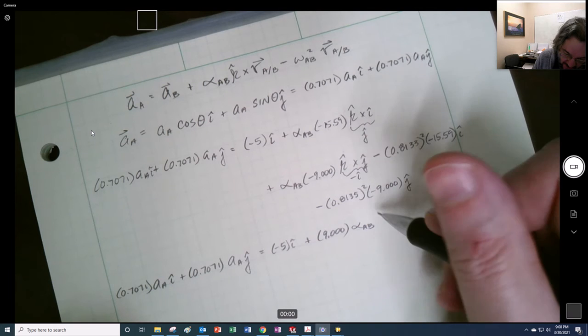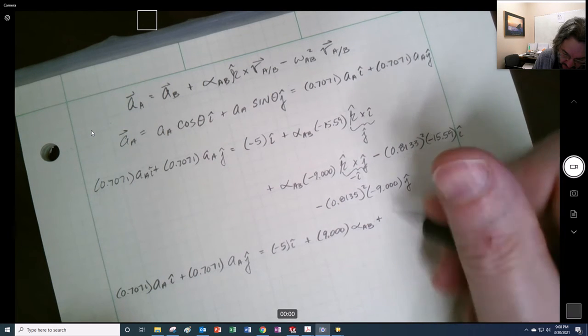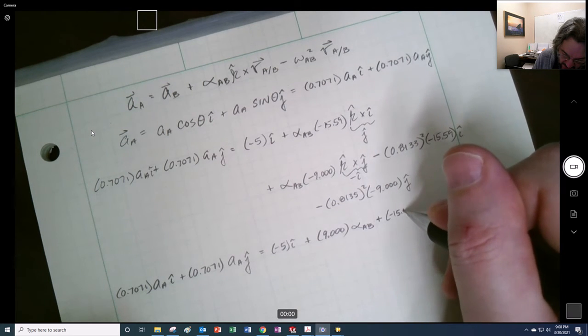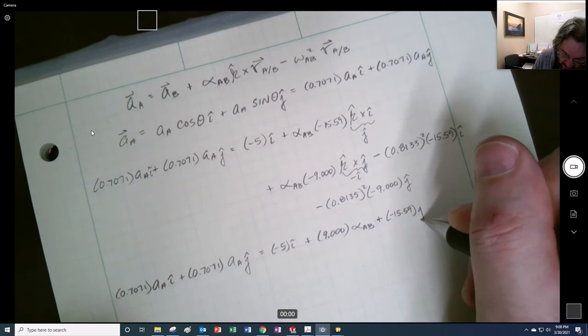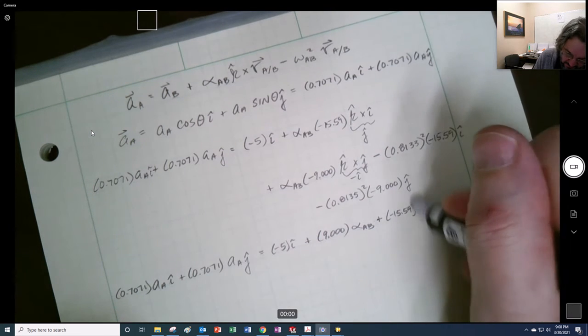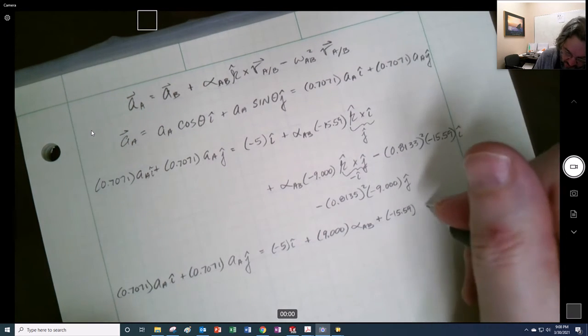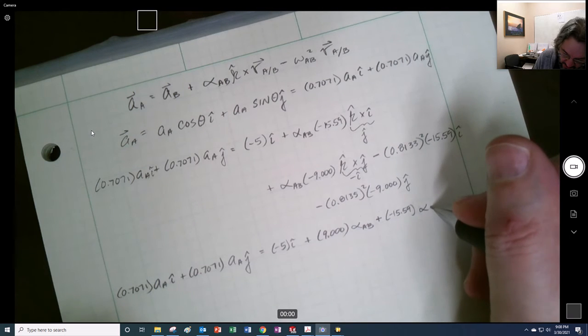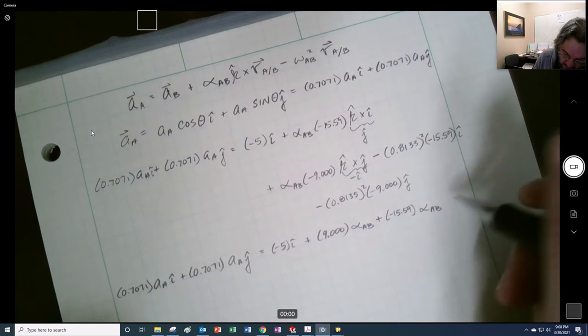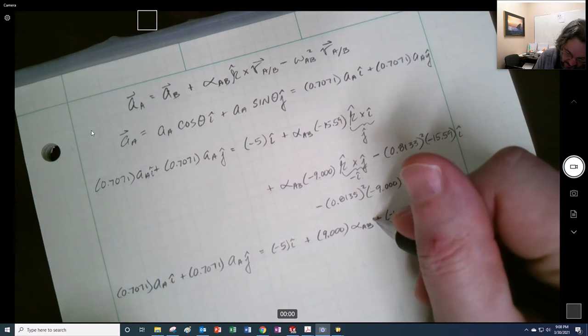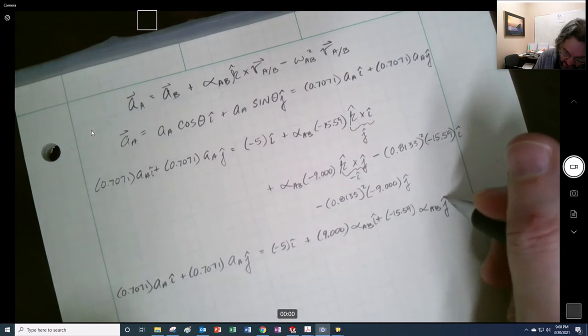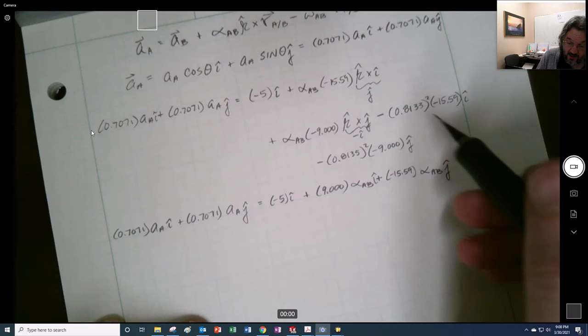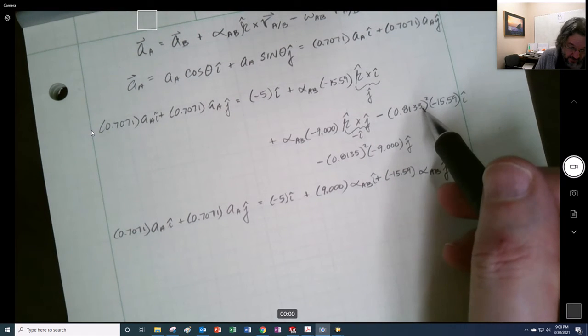And then we're going to have a plus negative 15.59 alpha. I guess I swapped it. Might as well keep swapping it right here. Yes. Oh, and man, sorry. I, J. And then let's actually do the math right here.